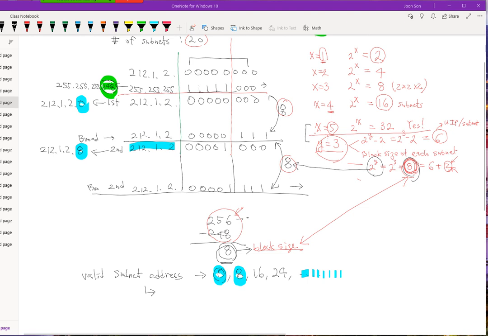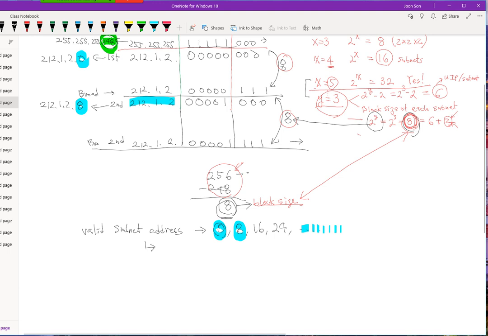By the way, this is an interesting question. This is not on the quiz, but I can ask you: what is the broadcast address of the second subnet? Any volunteer? Broadcast address of the second subnet. 212.1.2.7?